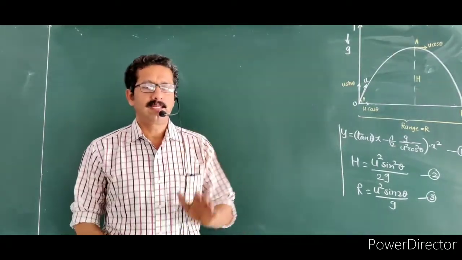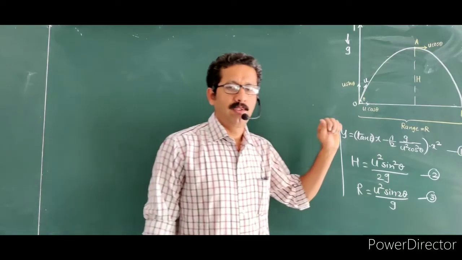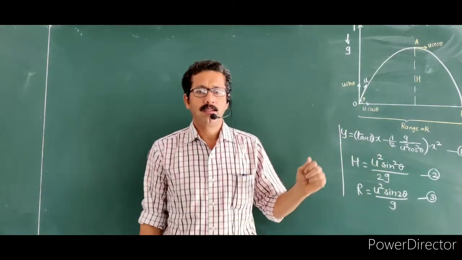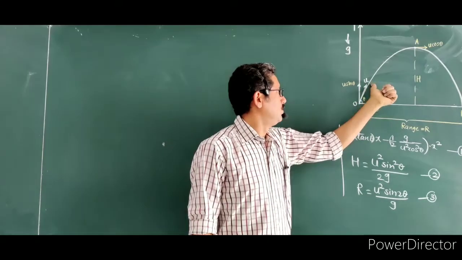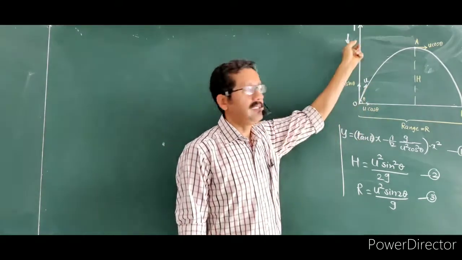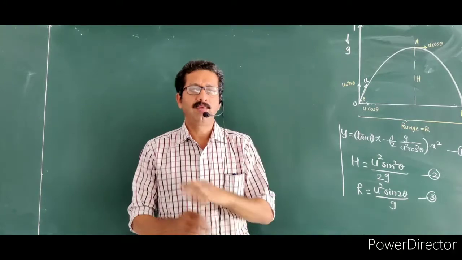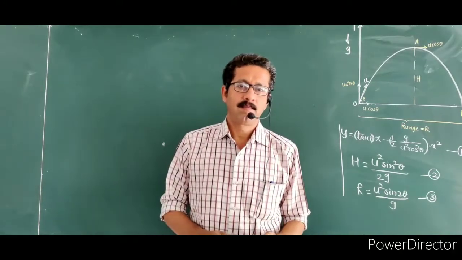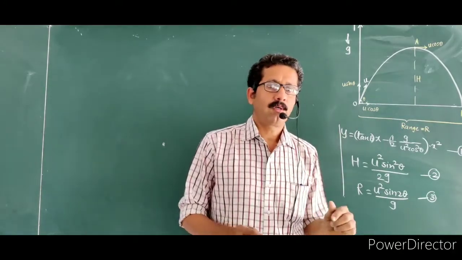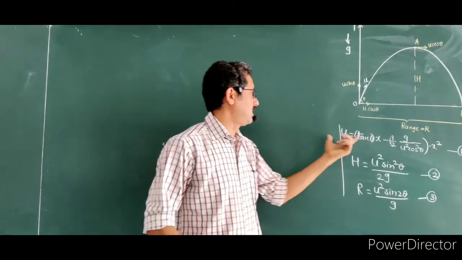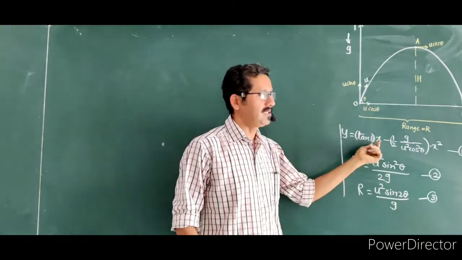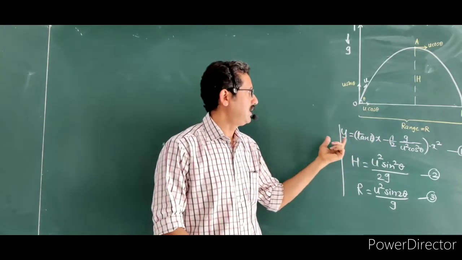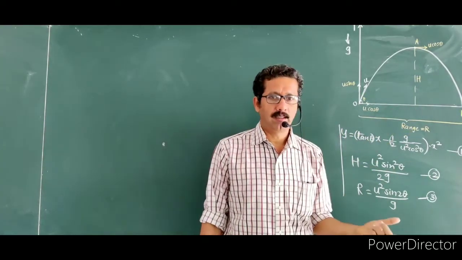Well, most of the time in projectile motion, we say that the initial speed u, theta, g are known to us, and we can find several things. Now I go for the relation between x, y, theta and the range of the projectile.